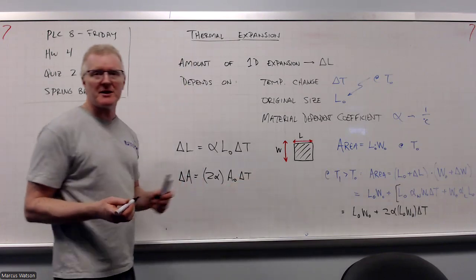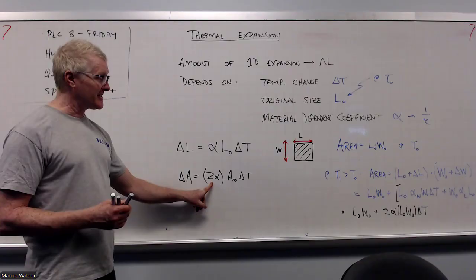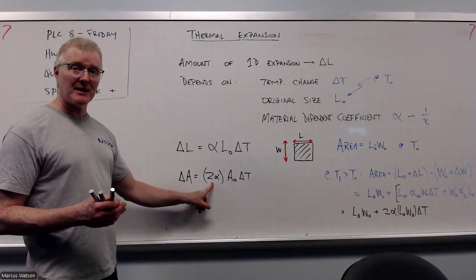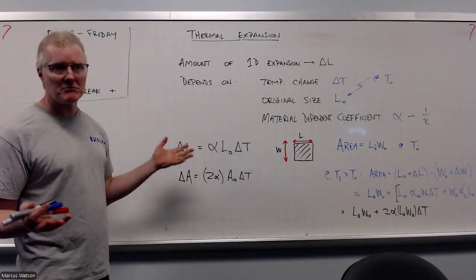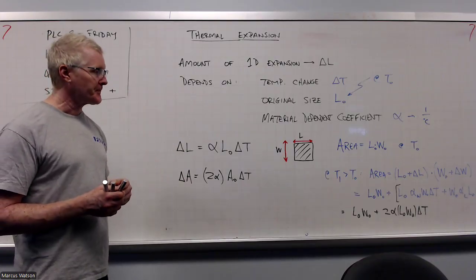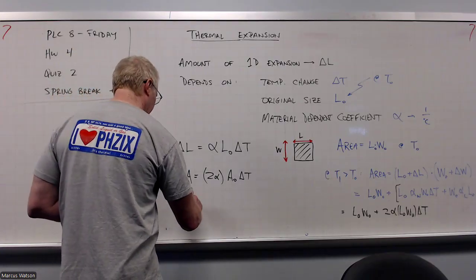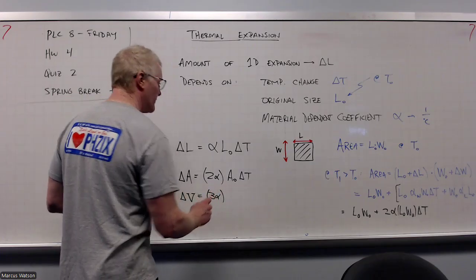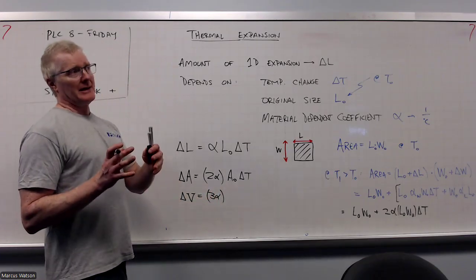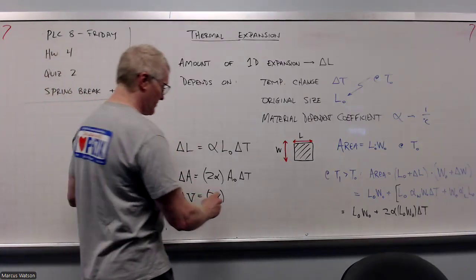And so you can do the same thing for volumes. Really kind of nice, right? This is as long as it expands equally at the same rate in both directions, which is a fairly typical situation, right? So for completeness, I could put the volume up here. Delta in volume would be 3 alphas, if I knew the linear expansion coefficient in one of the directions and it was the same in all three, it'd be 3 of those.